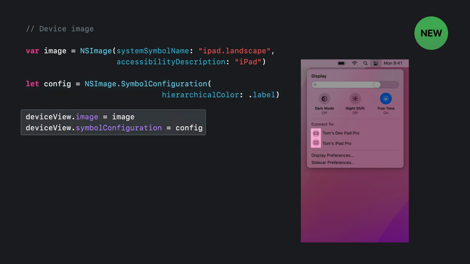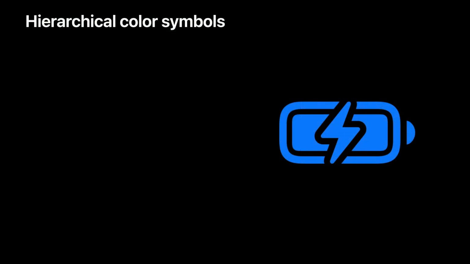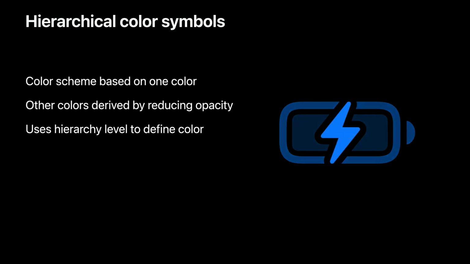By setting the symbol configuration of an image view to this type of configuration, the symbol will be displayed as a hierarchical color symbol. The color scheme of a hierarchical color symbol is based on one color, with the other colors derived from that one color by reducing opacity. The layer hierarchy is important here. If one layer is missing, the associated derived color will not be used.